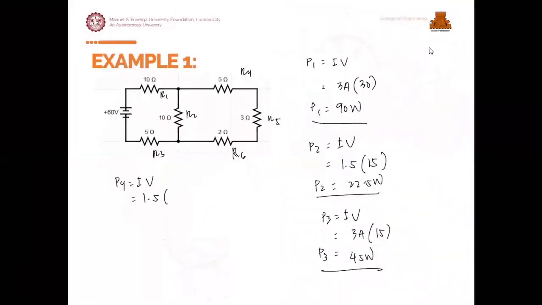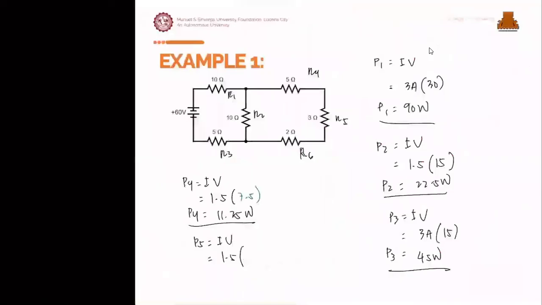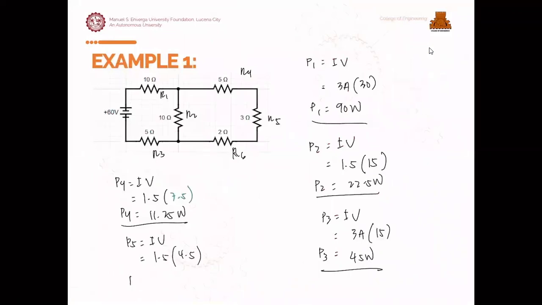So this is 7.5. So P4 is equal to 11.25 watts. P5, we have 1.5 times 4.5. P5 is 6.75 watts. Then last, P6, IV. Our I here is also 1.5, times our voltage of 3.